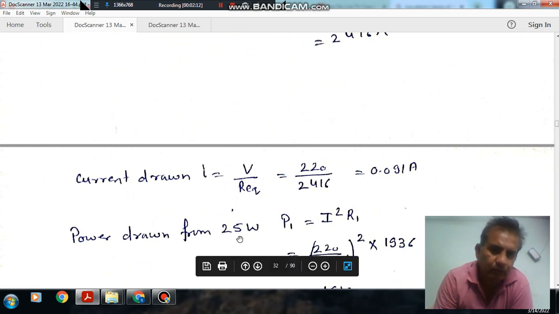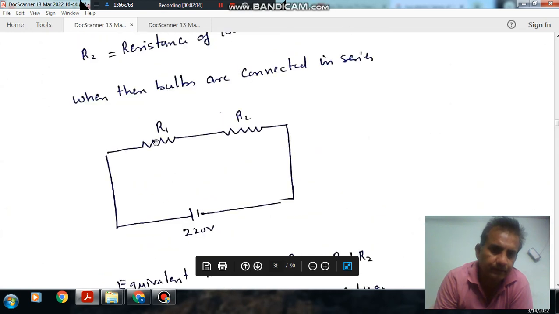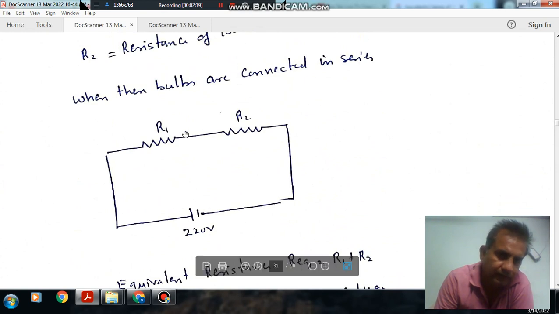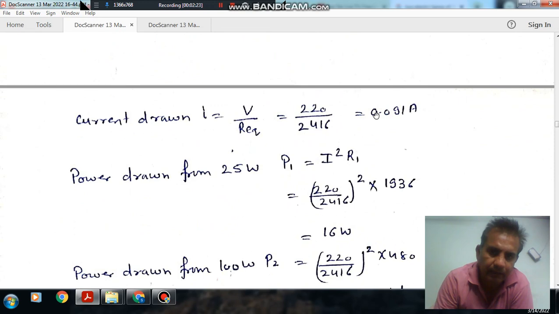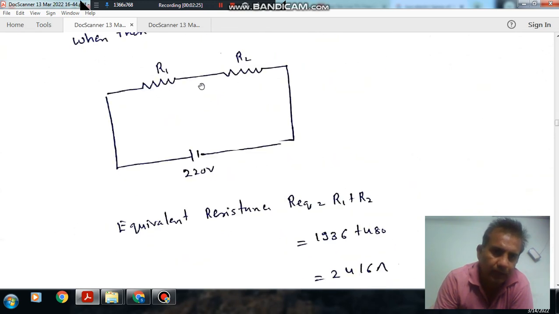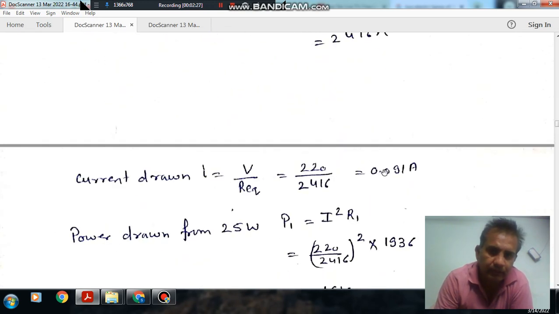Now the power drawn from the 25 watt bulb is VI, or I square R1. I is the same for R1 and R2, so I is 0.019, or 220 by 2416.